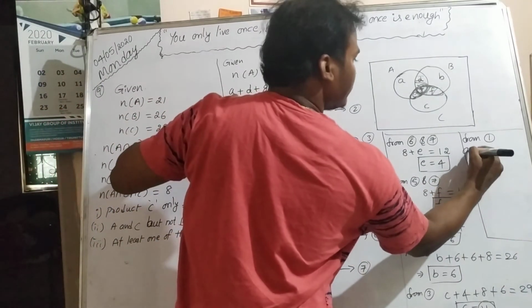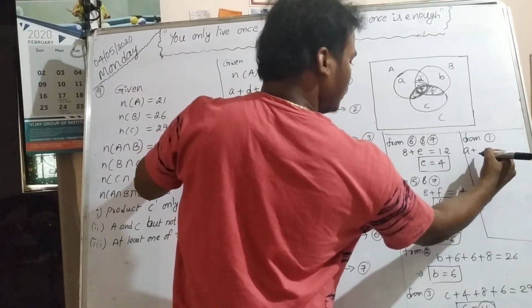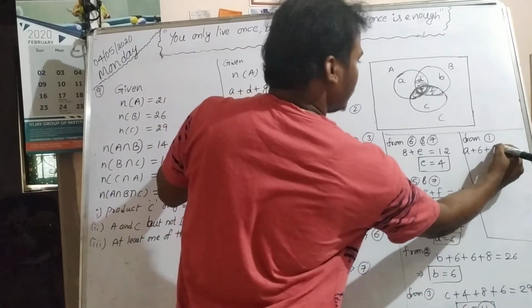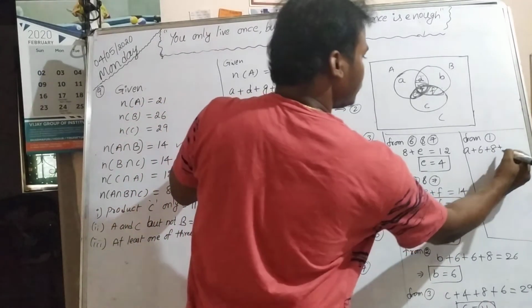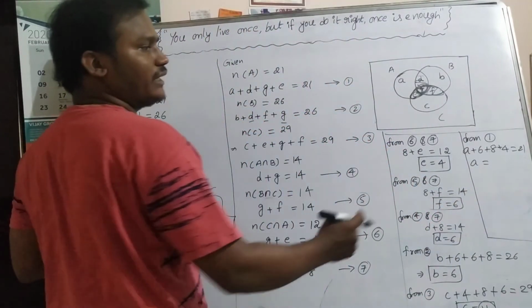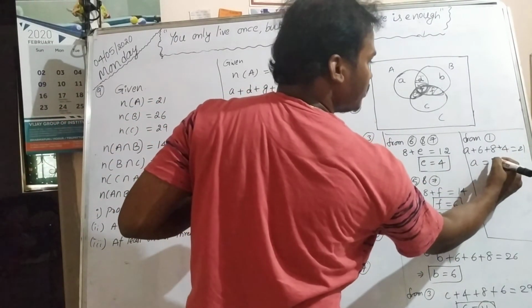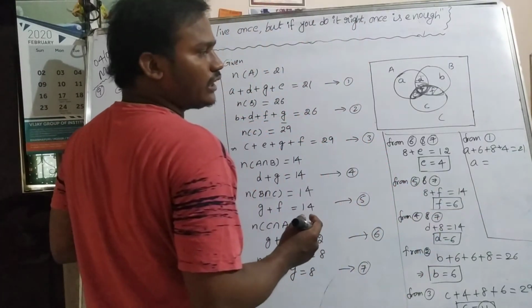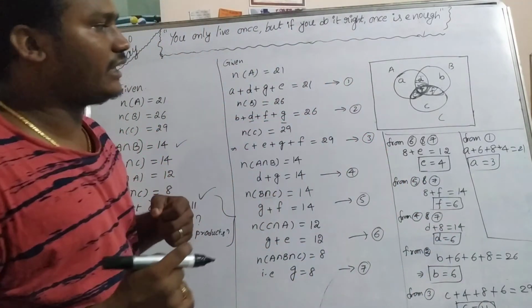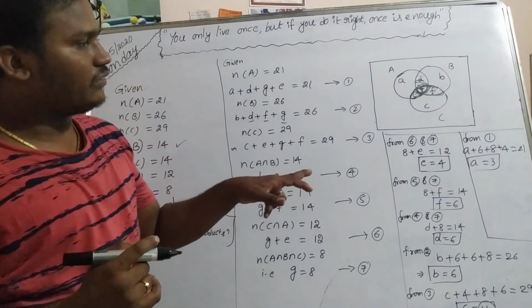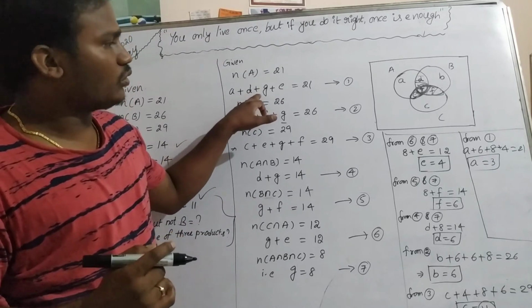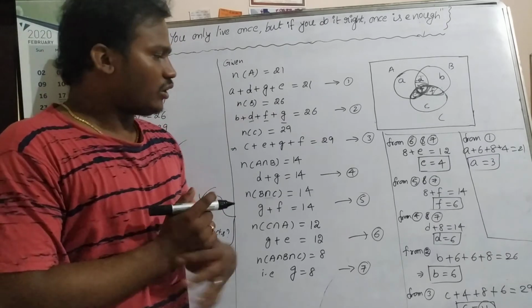So A plus D, which is 6, plus G, which is 8, plus E, which is 4, is equal to 21. 6 plus 8 is 14, plus 4 is 18, so A is 3. A is 3. Did I substitute correctly? 6, 8 and 4, correct. So A is 3. Now I have found all the values.